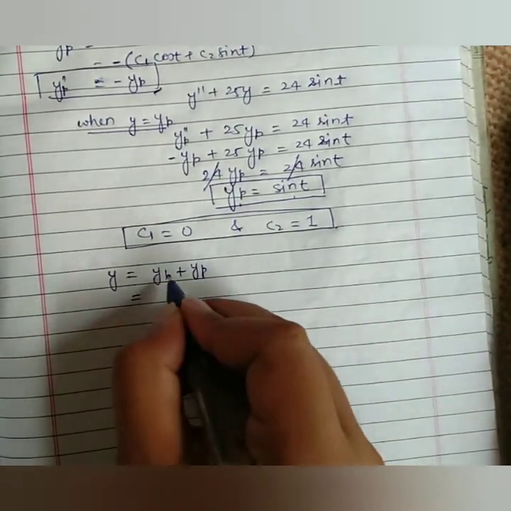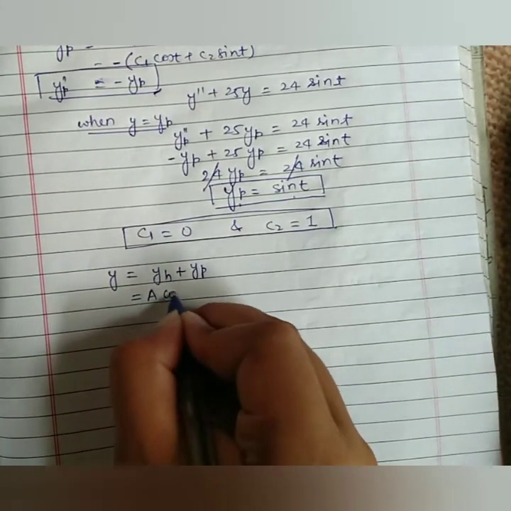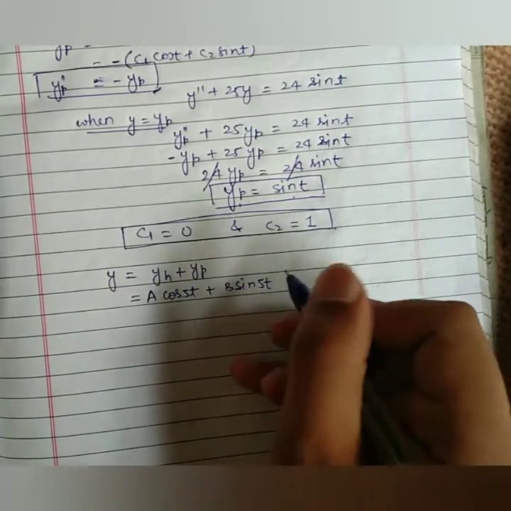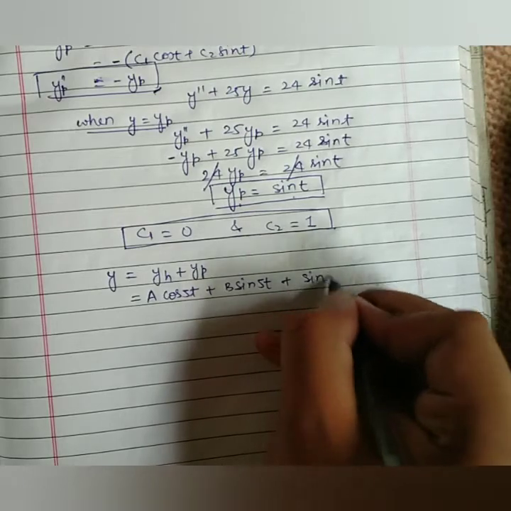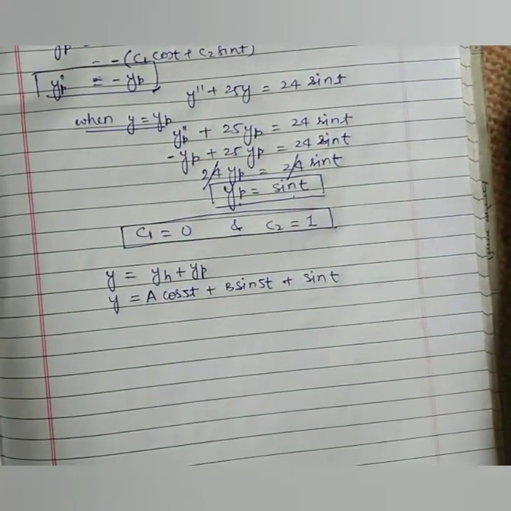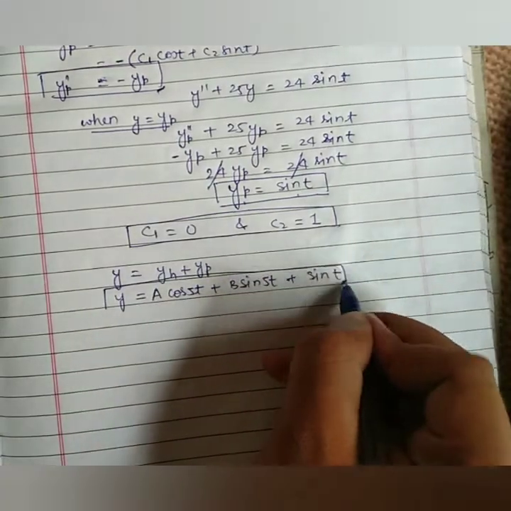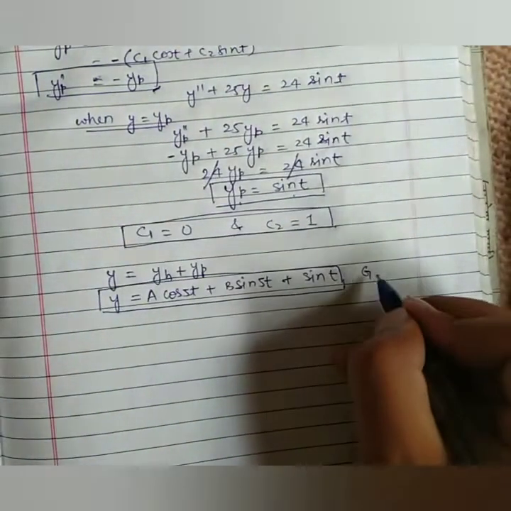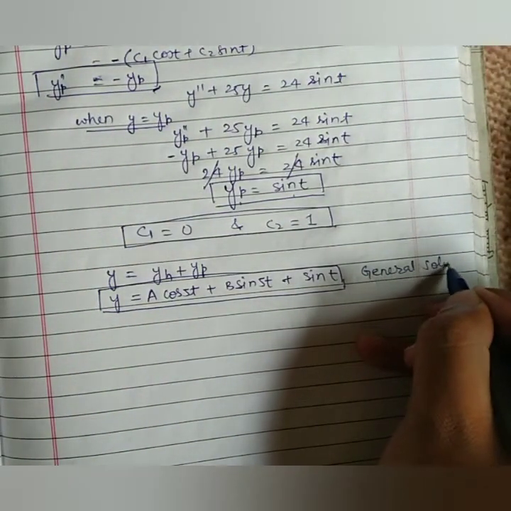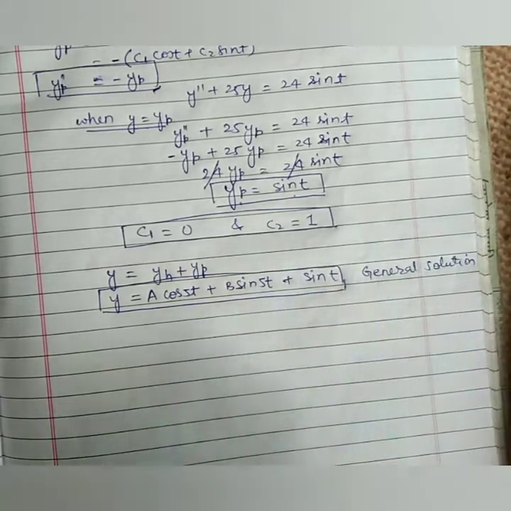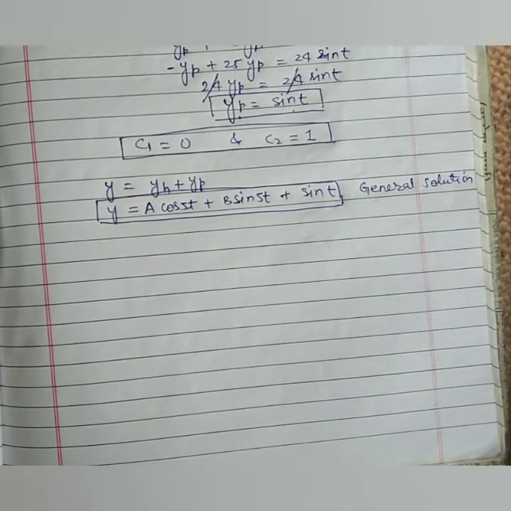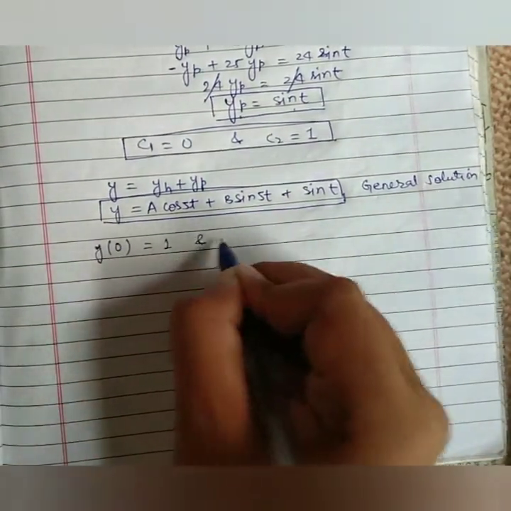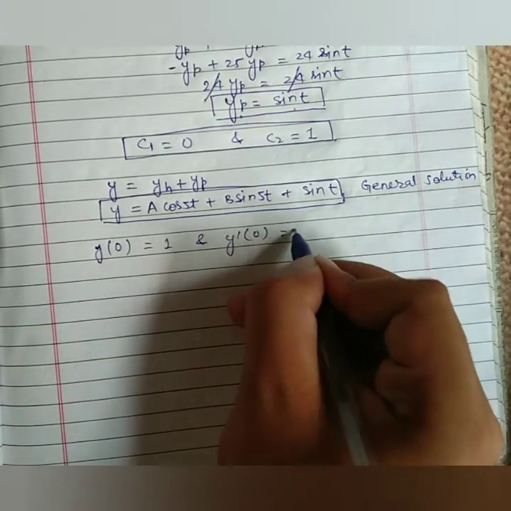So we can now write a cos 5t plus b sin 5t, which we have found earlier, and then yp is sin t. So this equation is the general solution of the given non-homogeneous linear ODE. Now we have been provided with the initial conditions that y at t equals 0 is 1 and y prime at t equals 0 is also 1.